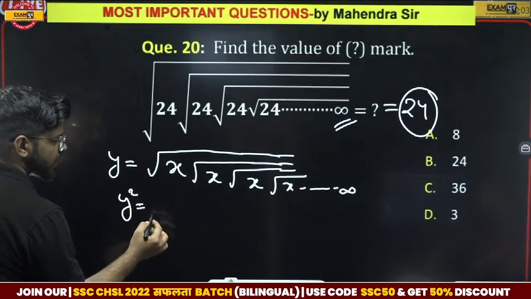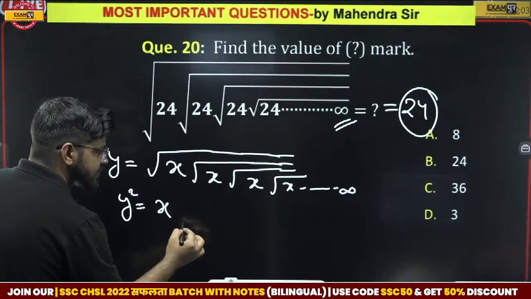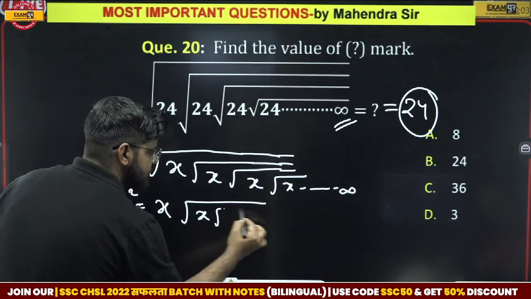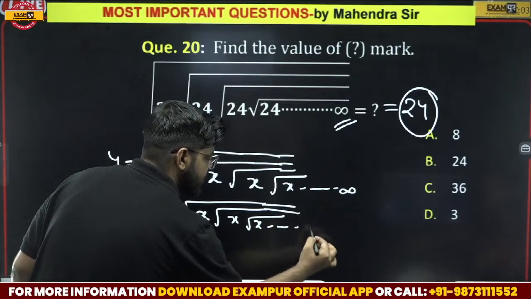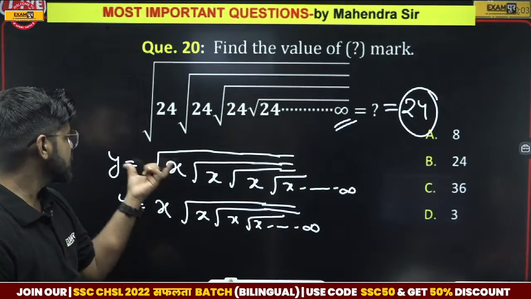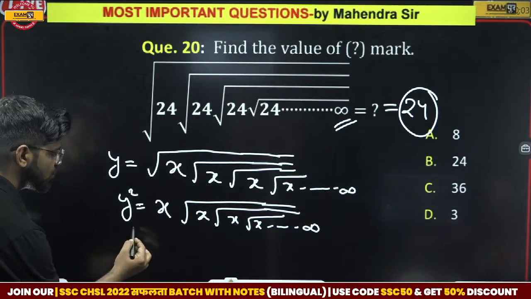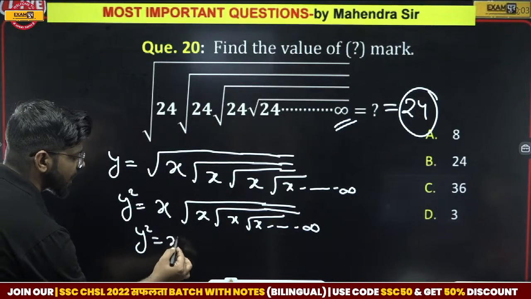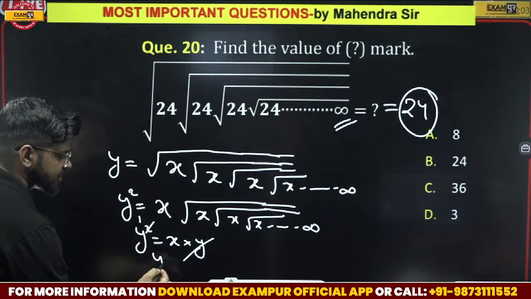If I do y square, then one square root will be cancelled out, then this becomes x under root x, and so on to infinite. Yes or no? Now this is nothing but the y. So y square is equal to x into y. Now y got cancelled out by one time, so y is equal to x.